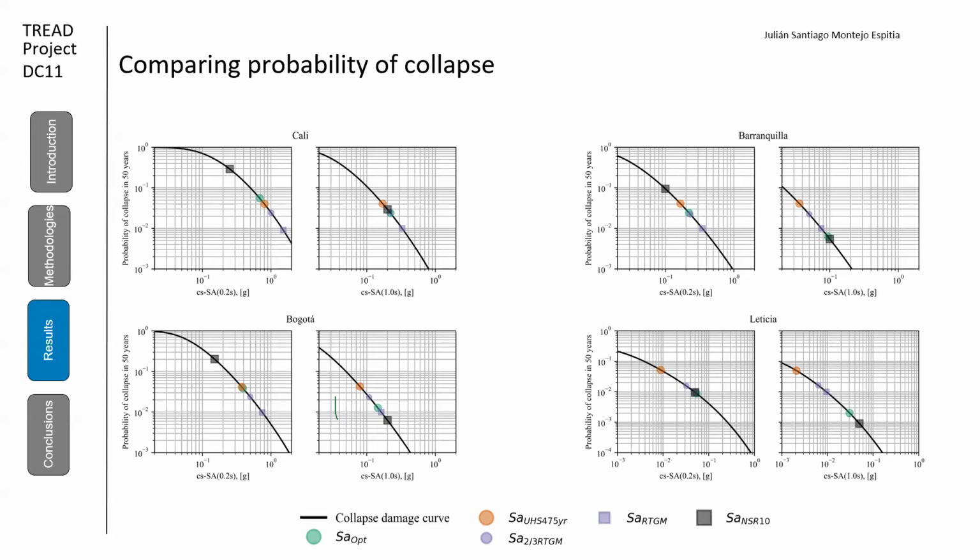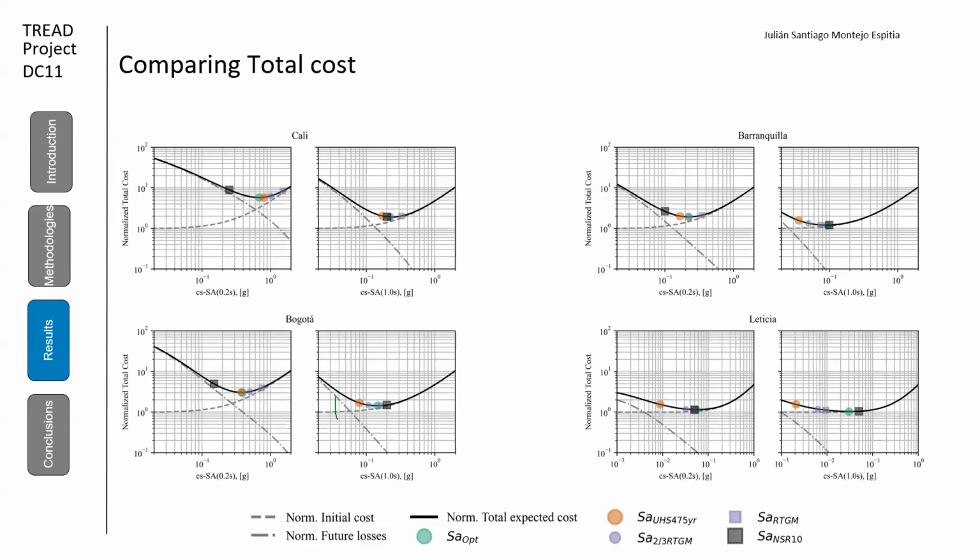Because, okay, now we are comparing the probability of collapse, but I told you there is some methodology the economist loves because it is about cost, more or less money. And this is how they change in terms of the total cost.